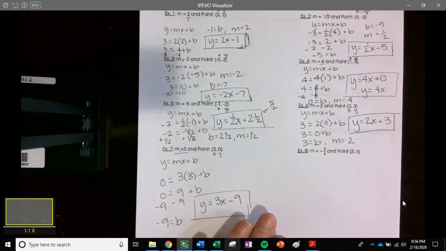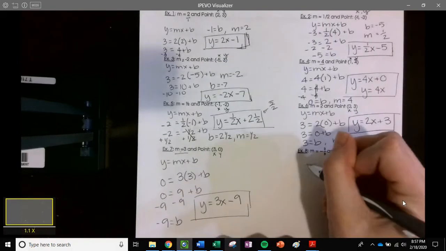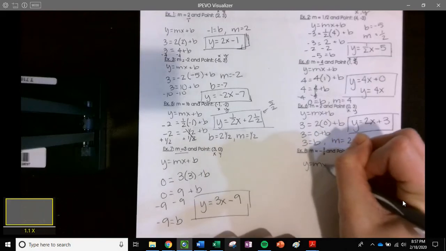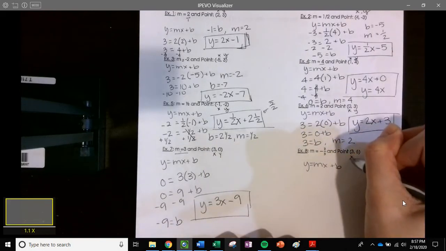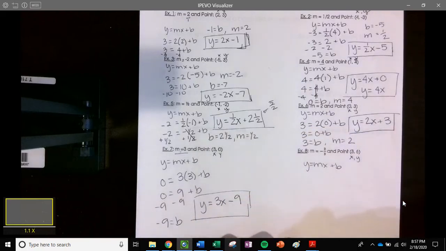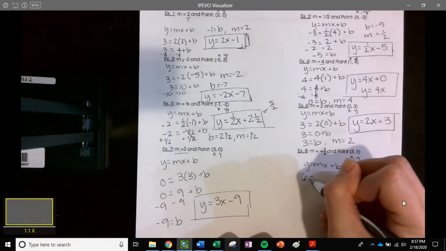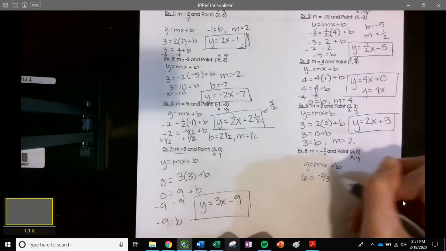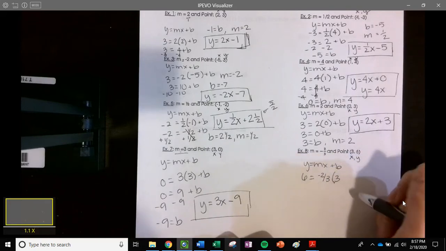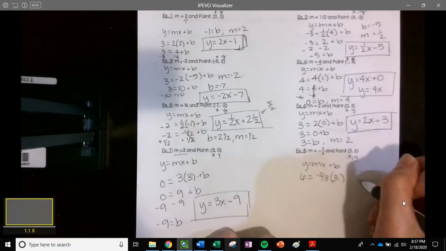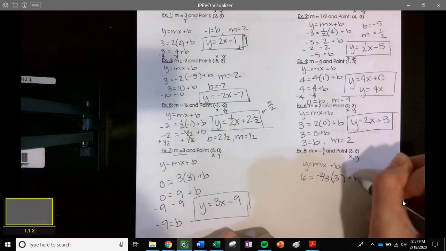Excuse me. And my last one. Okay. So I've got m equals -2/3 and the point (3, 6). Y equals mx plus b. 3 is x. 6 is y. 6 equals -2/3 times 3 plus b.